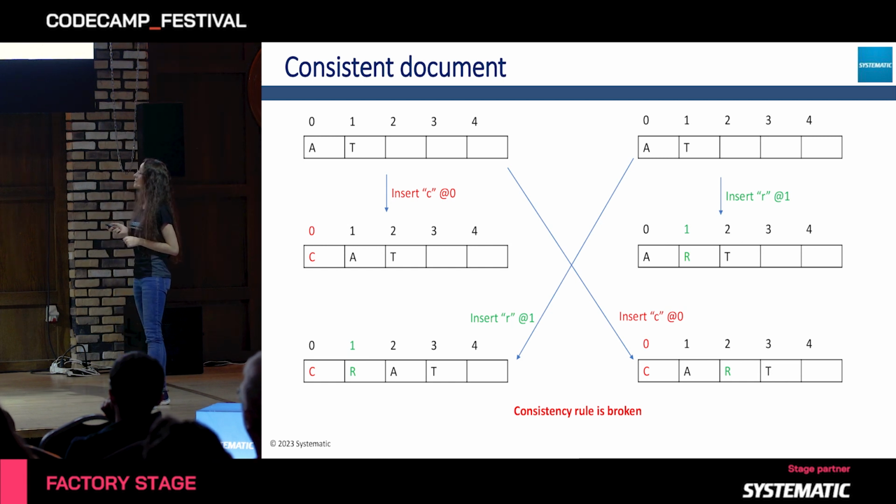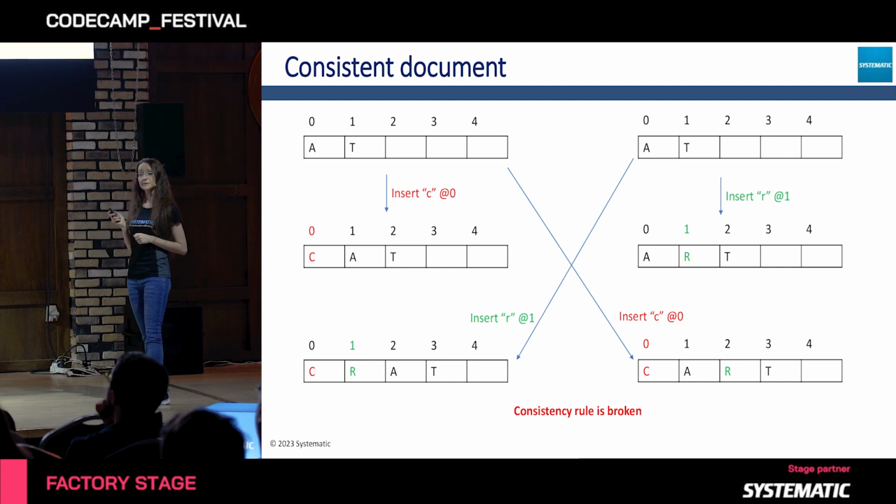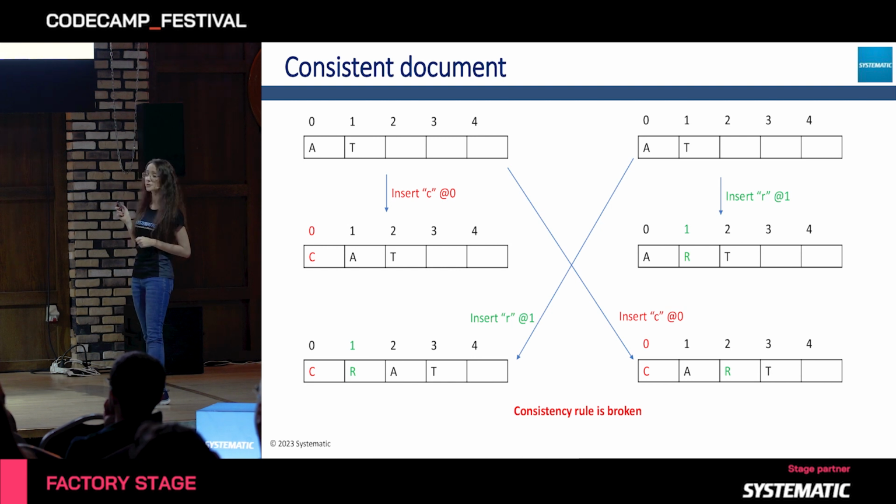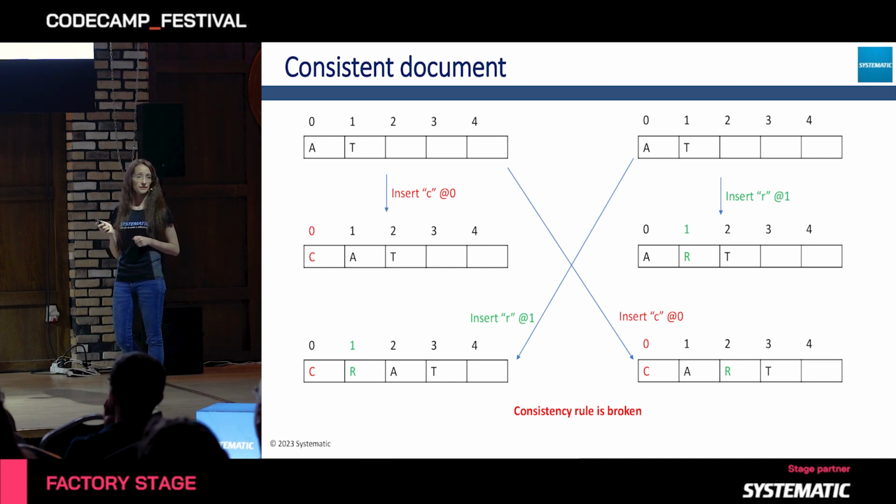Let's assume that user 1 inserts C at position 0. So user 1 gets cat in his own local copy of the document. User 2, at the same time, inserts R at position 1 to get art. Now let's see what happens when we receive the notification from the other user.